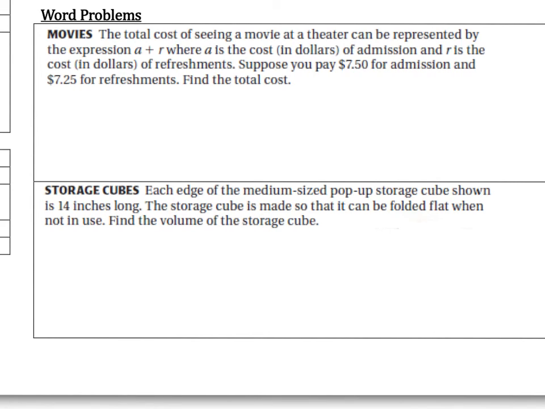First let me write down A plus R will be your total cost. Adding these two numbers up gives me $14.75.